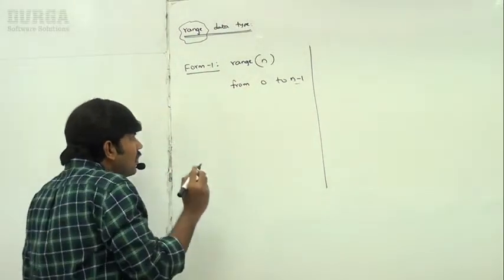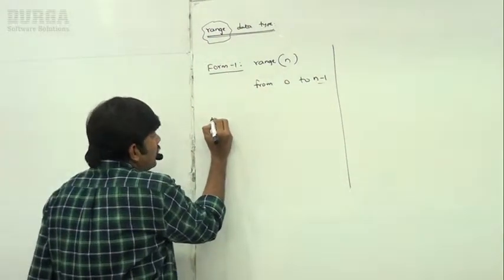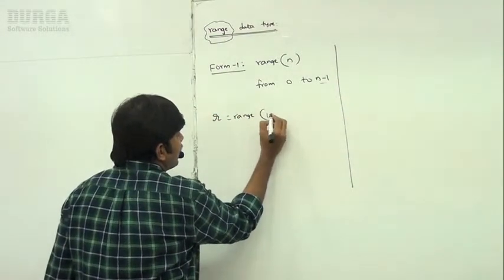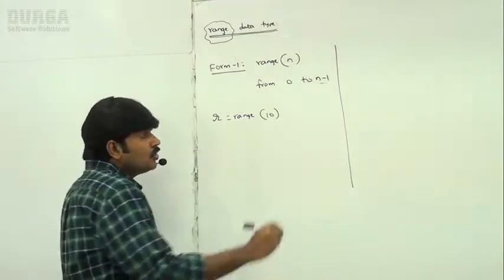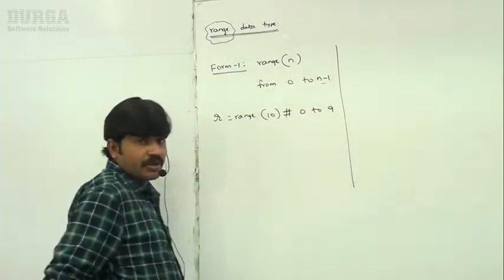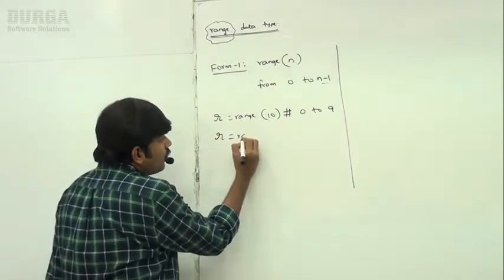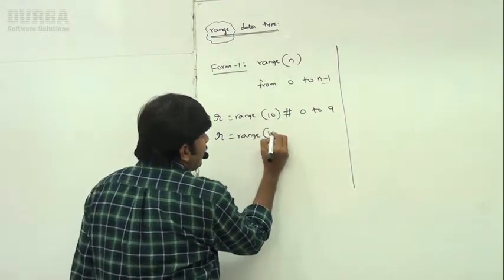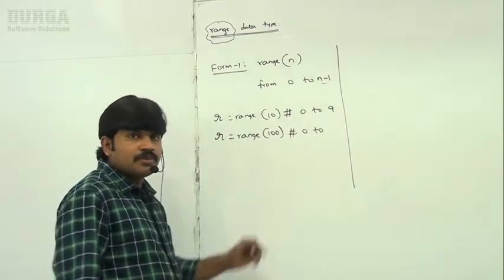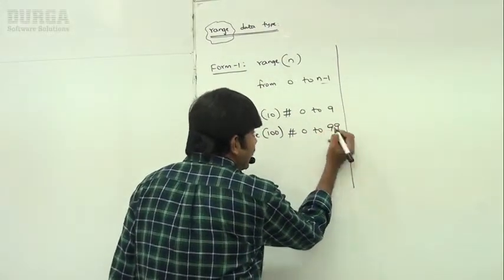Now observe, r is equal to range of 10. It represents values from 0 to 9. If r is equal to range of 100, it represents values from 0 to 99.